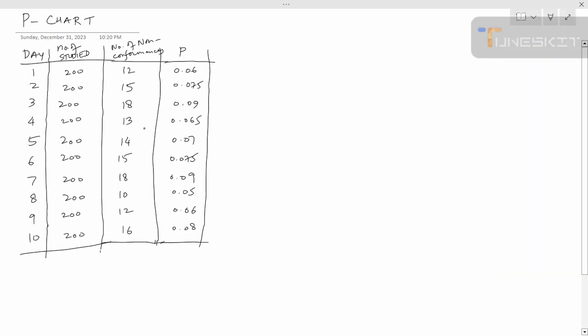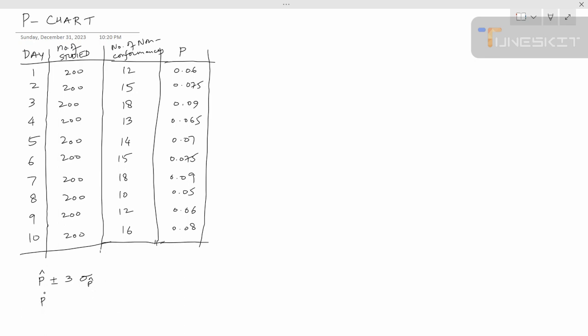Now, first of all, we are going to introduce the control limits, and for the control limits we take help from the formula for proportion that we have used for the confidence interval. Instead of taking z alpha by 2, take 3 times the standard error of p hat.